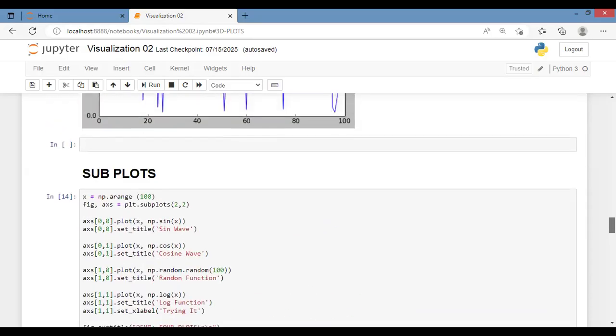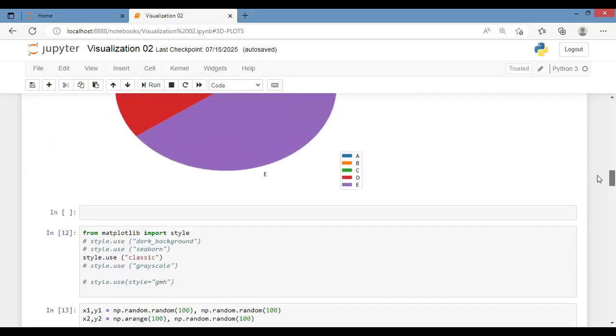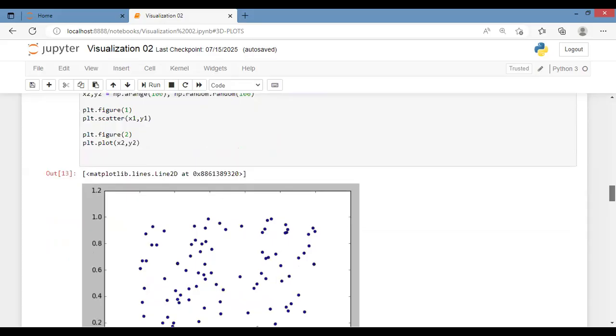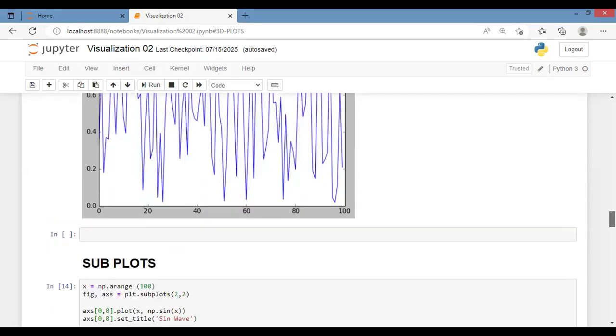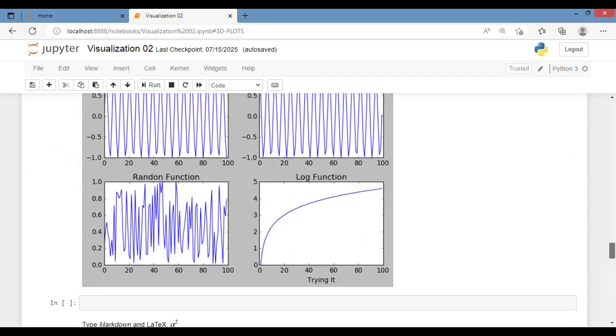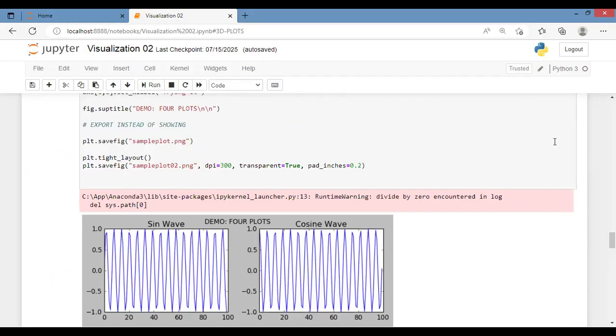We also saw how to do multiple plots and subplots. We saw that in the last class.